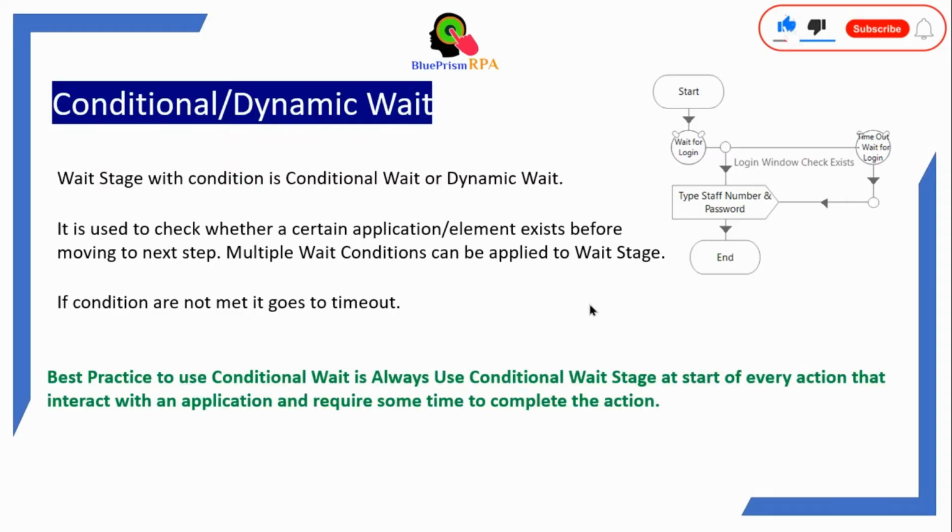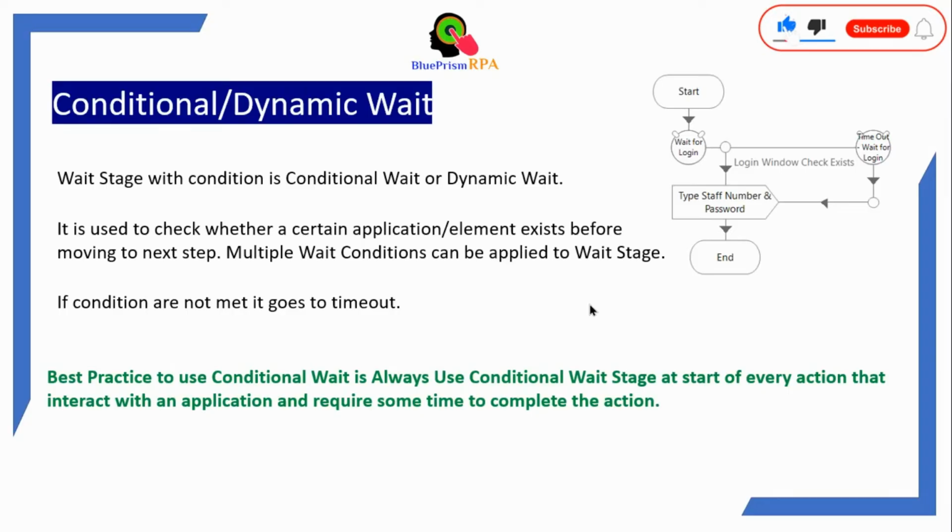The best practice for conditional wait is to always use a conditional wait stage at the start of every action that interacts with an application and requires some time to complete the action. Sometimes you have seen, if we take the example of our login button, after putting the value in the staff number and password, once you click on login, it will go to the next window.